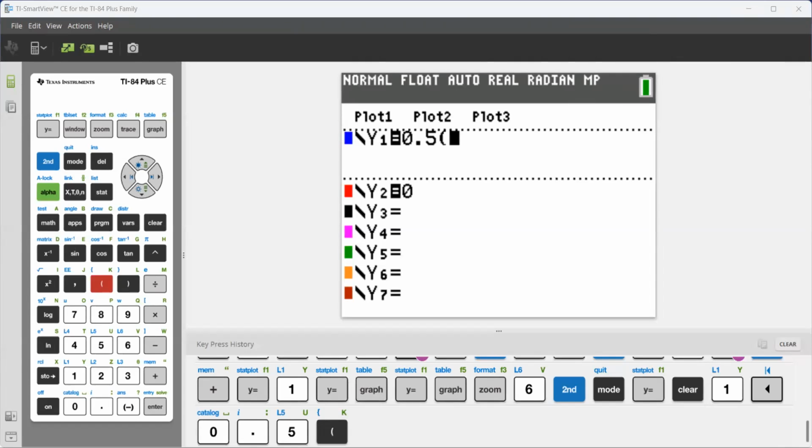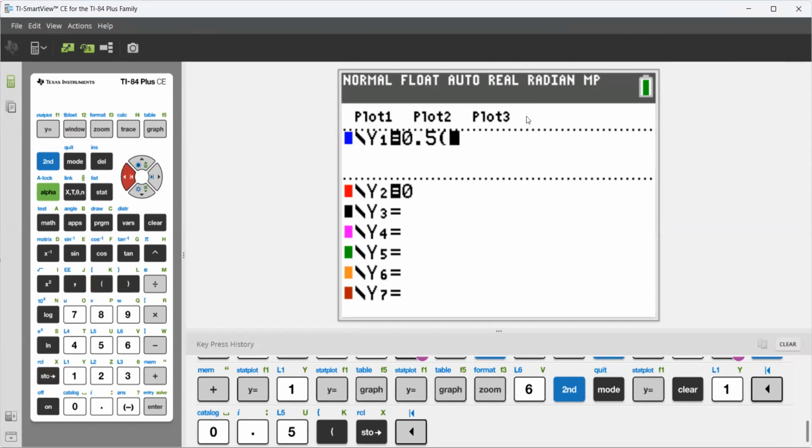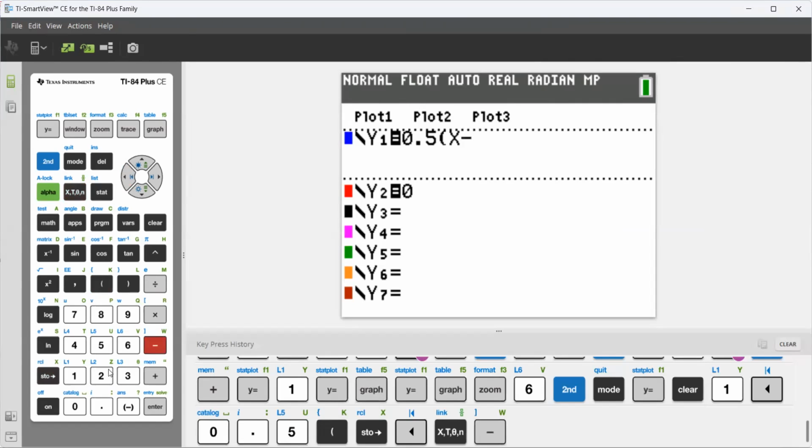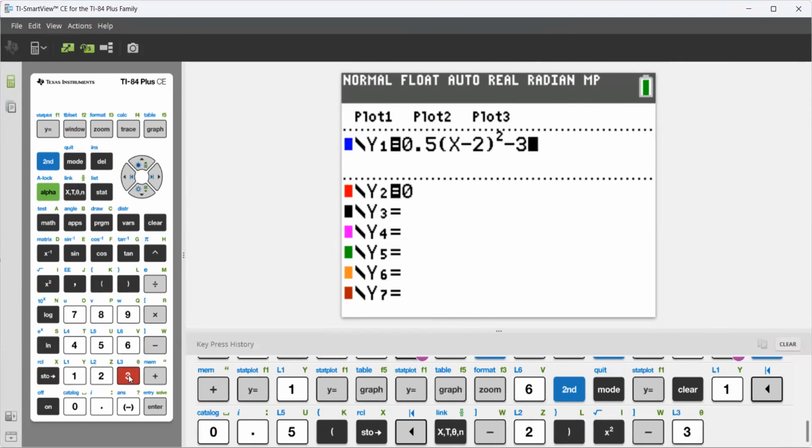So we have 1/2, and then in parentheses, x minus 2, and then squared. Okay, so let's do that. x minus 2, and then you close it, squared, and then I think there is a minus 3 here, then 0.